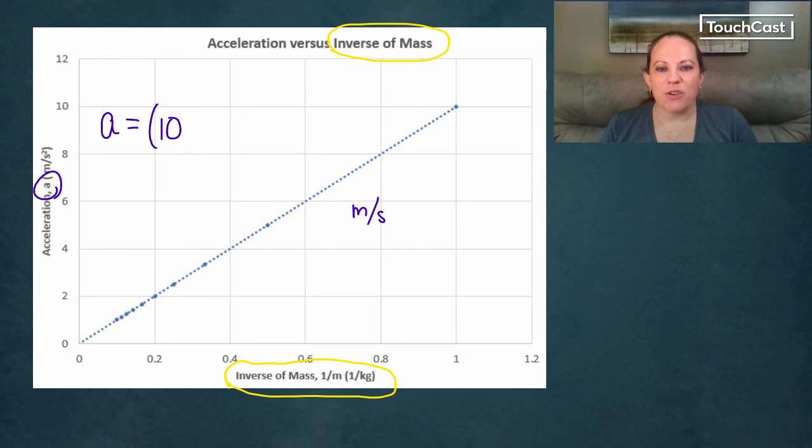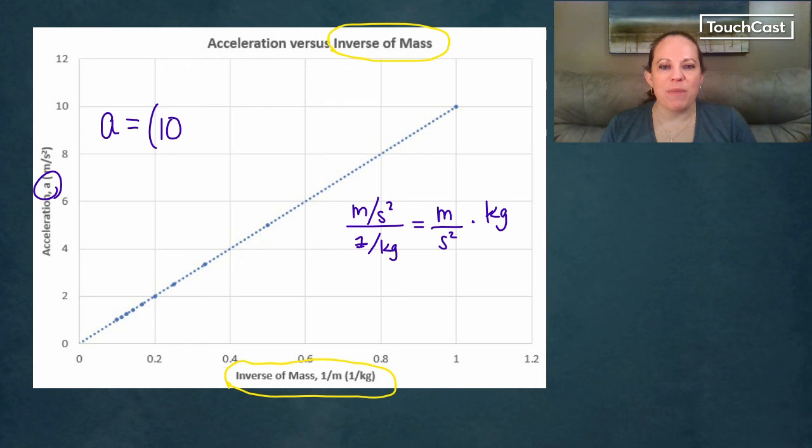We're going to have meters per second squared over 1 per kilogram. And again, that might actually be easier to interpret with the process that we discussed in video 1, but it will look prettier and easier if we remember that dividing by a fraction is like multiplying by its inverse.